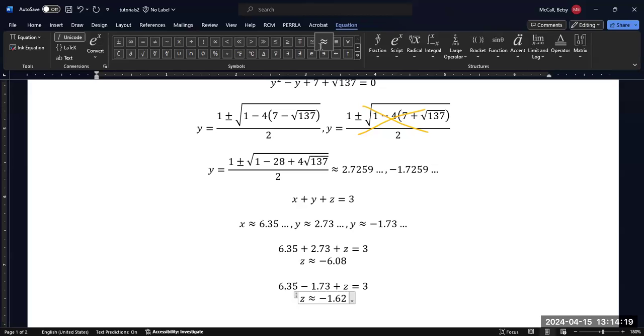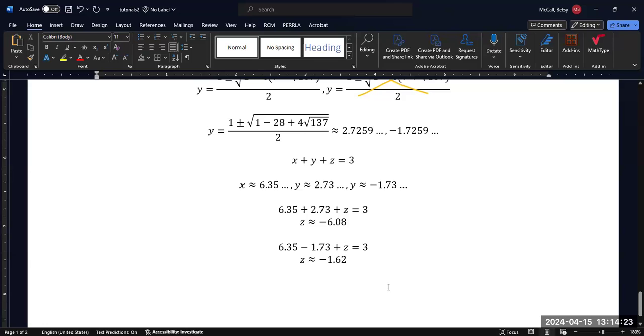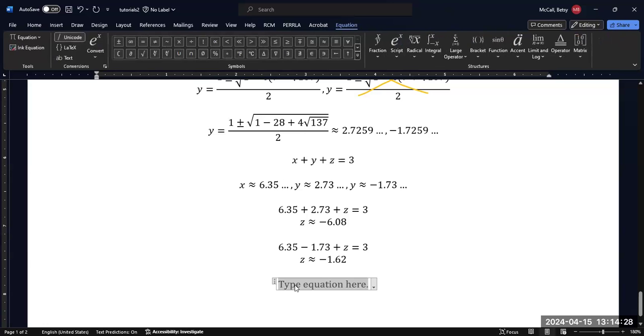Again, approximately. We can take more decimal places if we need greater levels of accuracy. And so our solutions in 3 dimensions for this particular example are approximately 6.35, 2.73, and negative 6.08. And then the other one is 6.35, negative 1.73, and negative 1.62.